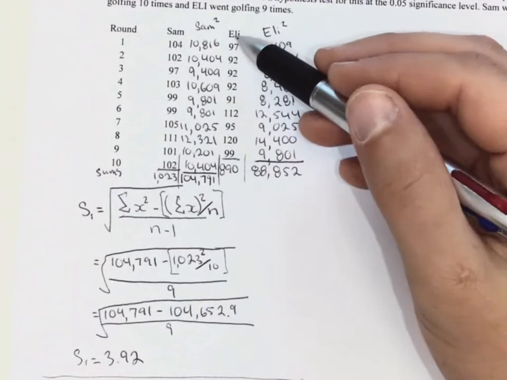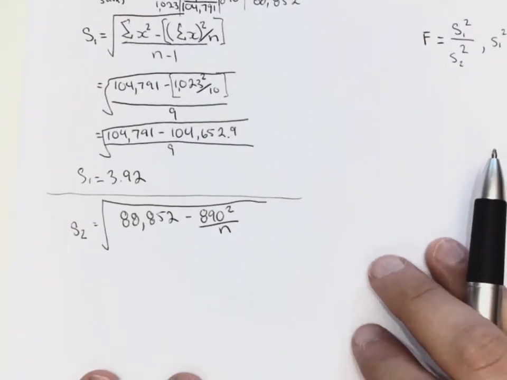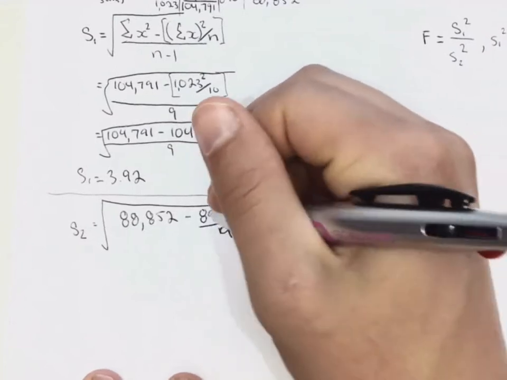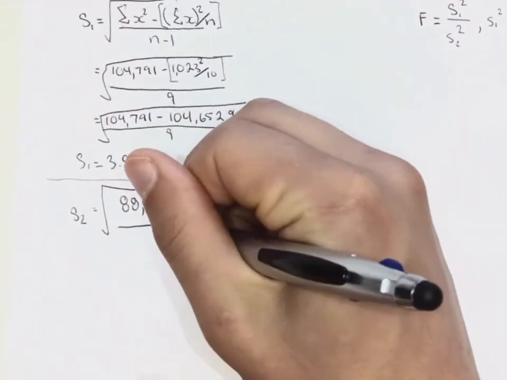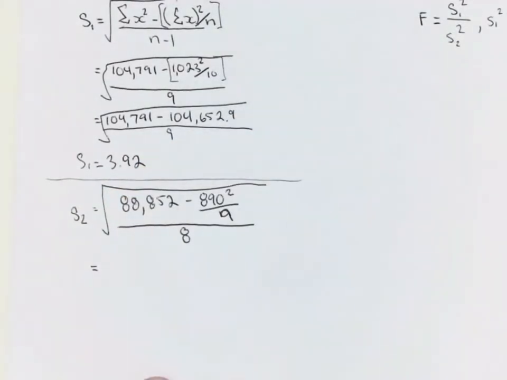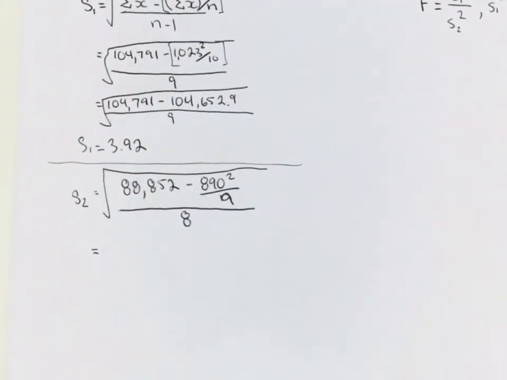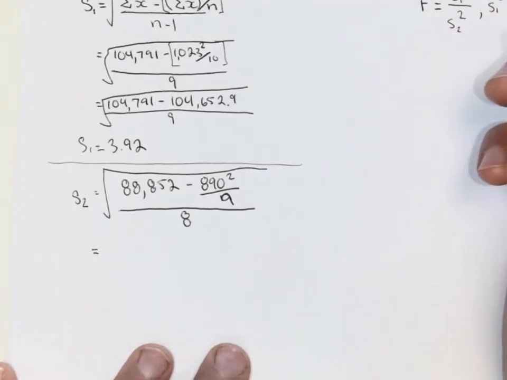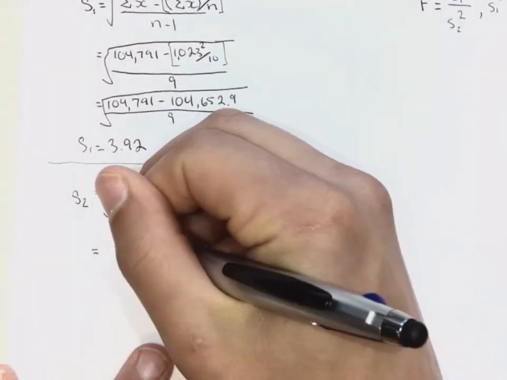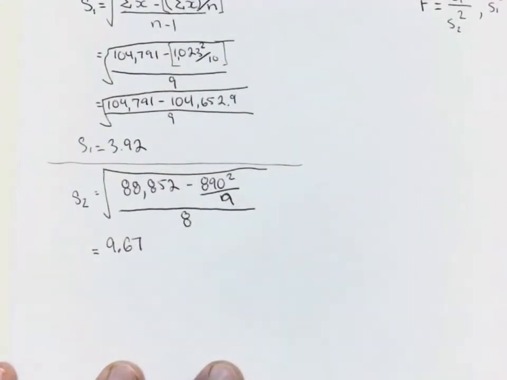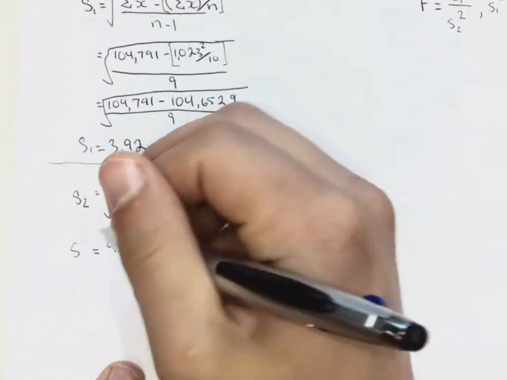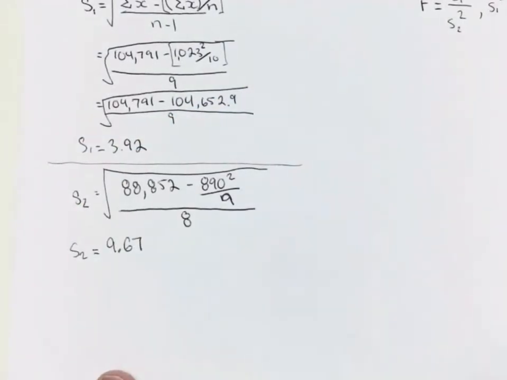He had 9. And for Eli, we have a standard deviation of 9.67.